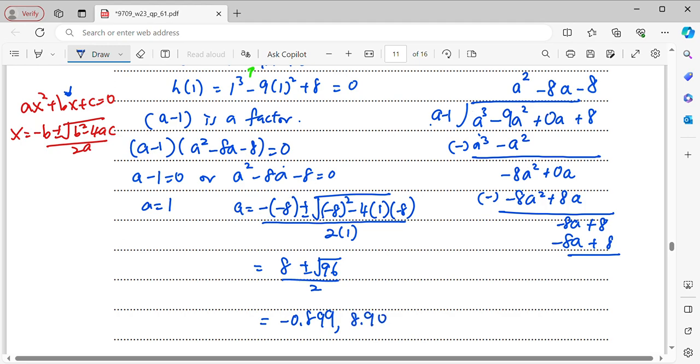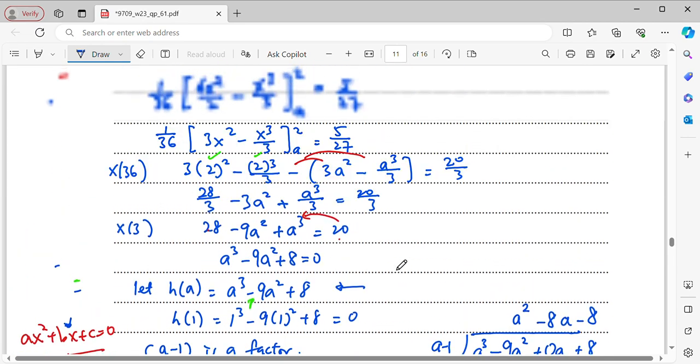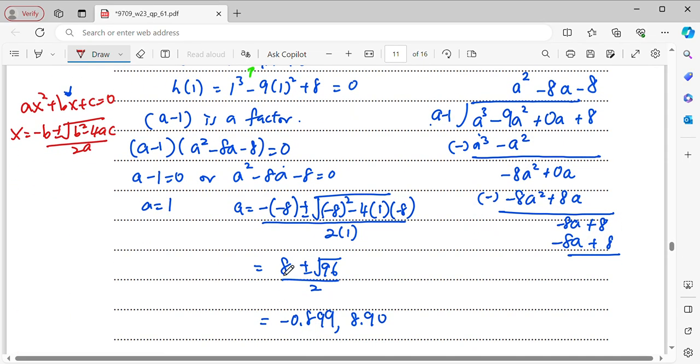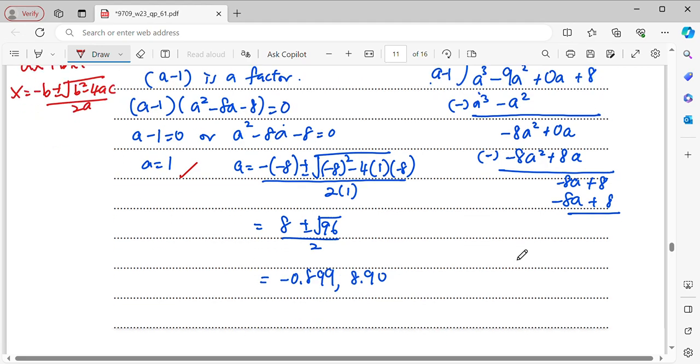Okay, so we have three values here. But then when you look at the question carefully, right, we know that the x is between 0 and 6. Okay, therefore the a cannot be, or probably I will say that the a is less than 2. Alright, it's between 0 and 6 and also less than 2. Therefore, I only get a equals to 1.